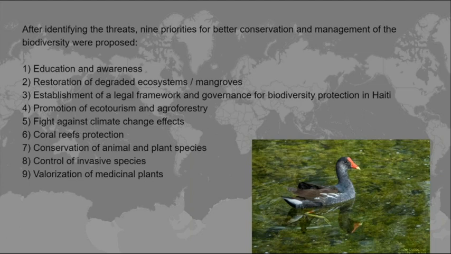The first one is education and awareness, restoration of degraded ecosystems and mangroves, establishment of a legal framework and governance for biodiversity protection in Haiti, promotion of ecotourism and agroforestry, fight against climate change effects, coral reef protection, conservation of animal and plant species, control of invasive species, and valorization of medicinal plants in Haiti.